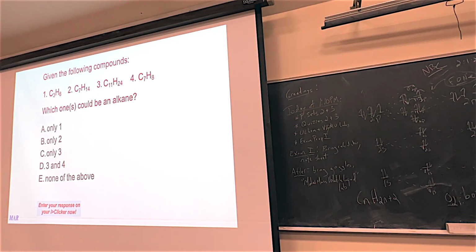What that means is that for every n carbons, if you have 2n+2 hydrogens, then you're going to have an alkane. So for example, let's look at number 4 first. Well, n would be 7. So 2n+2, 2 times 7 plus 2, you'd have to have 16 hydrogens there for that to be an alkane. So that is not an alkane.